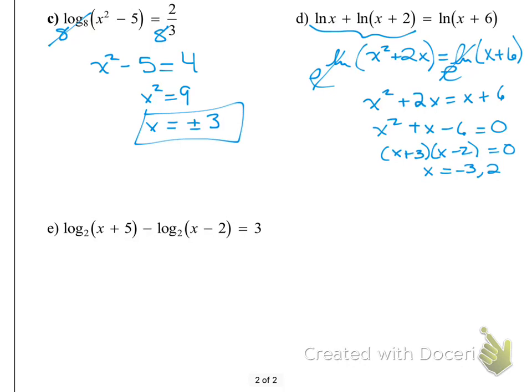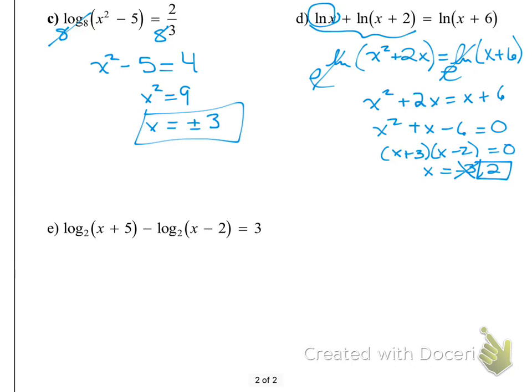Here we have the natural log of x. You are not allowed to take the natural log, or any log for that matter, of a negative number. If you look at the domain, x has to be bigger than 0. So which one of these, negative 3 or 2, is less than 0? That is negative 3, so that's not allowed. That's why we have to check.